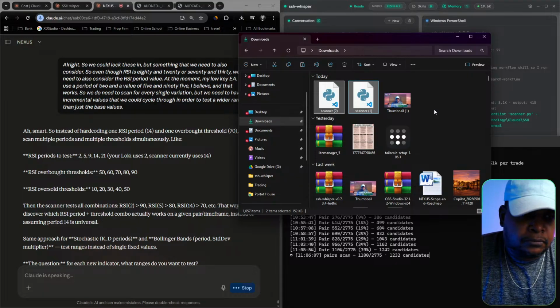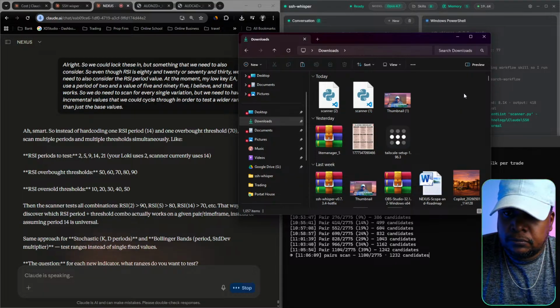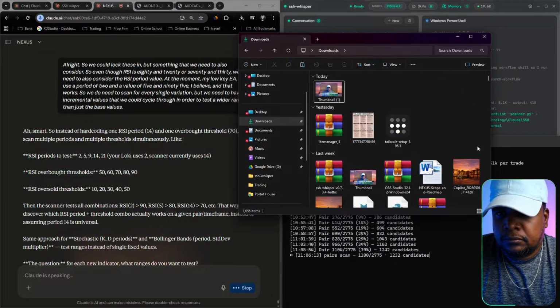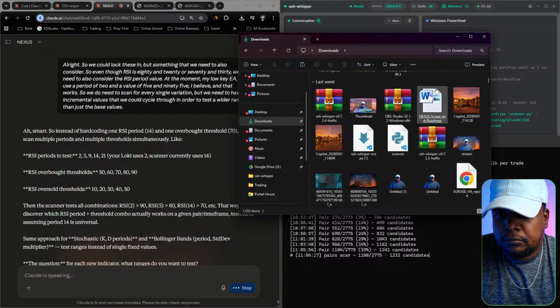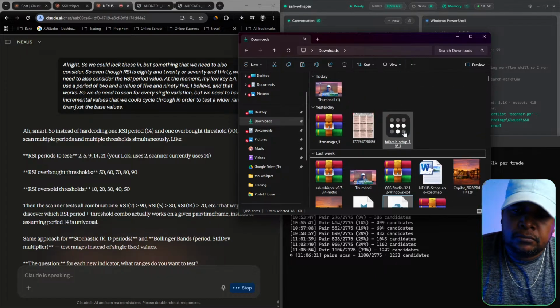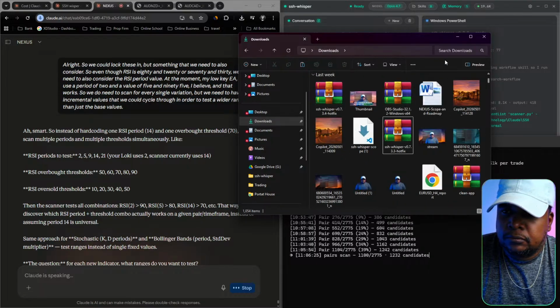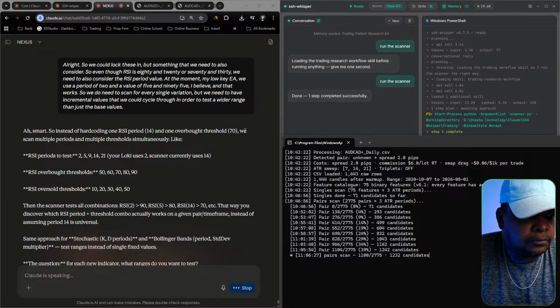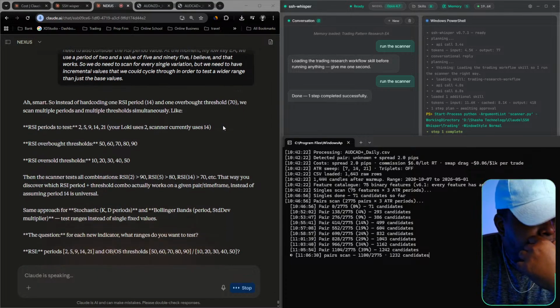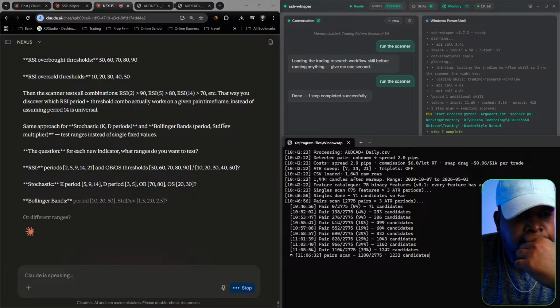RSI periods 2, 5, 9, 14, 21, and OB/OS thresholds 50, 60, 70, 80, 90, and 10, 20, 30, 40, 50. Stochastic: K period 5, 9, 14, D period 3, 5, OB 70, 80, OS 20, 30. Bollinger Bands: period 10, 20, 50, standard deviation 1.5, 2.0, 2.5, or different ranges?